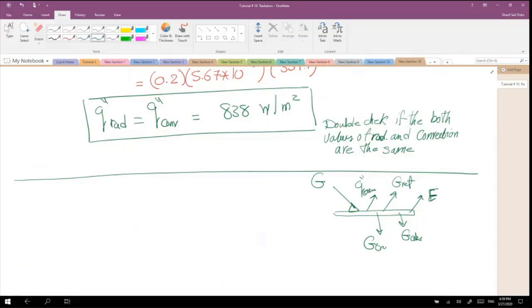Absorbed is within the control volume, so we're not going to be including it.